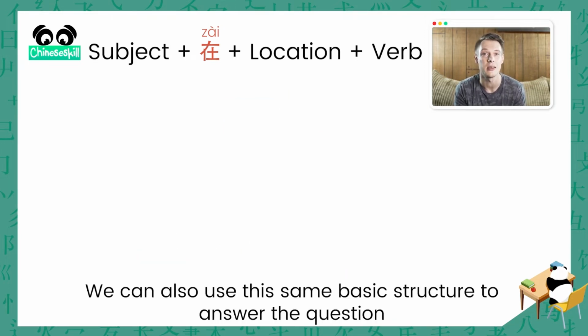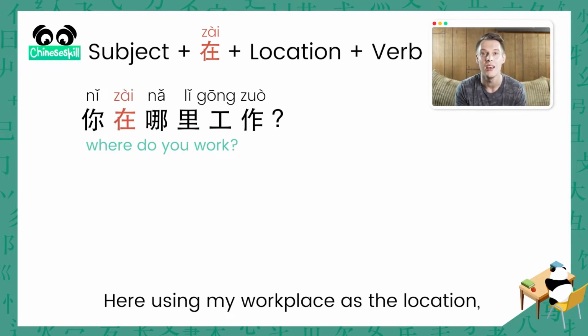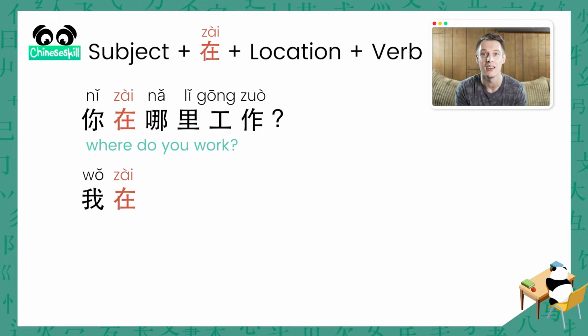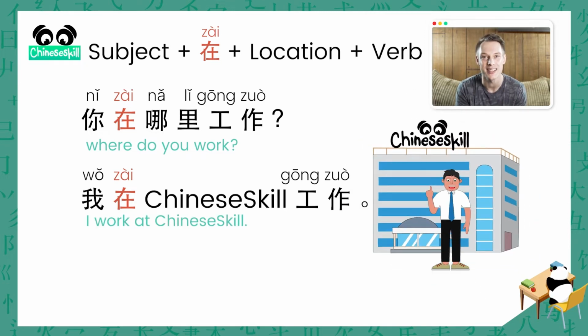We can also use the same basic structure to answer the question, where do you work? 你在哪里工作? Here, using my workplace as the location and work, 工作 as the verb, I could say, 我在 ChineseSkill 工作. I work at ChineseSkill.